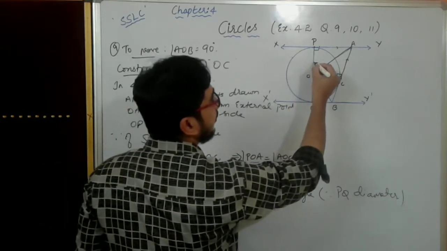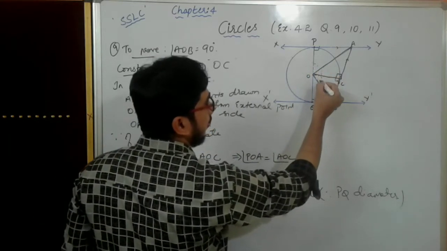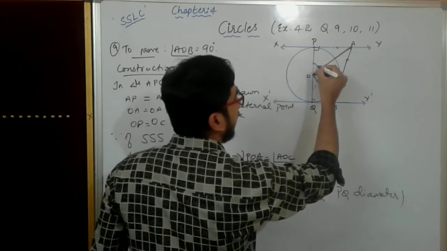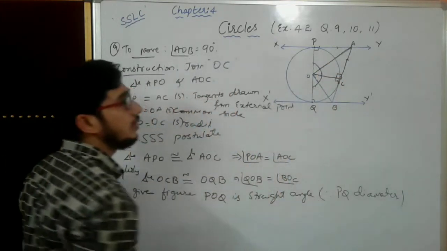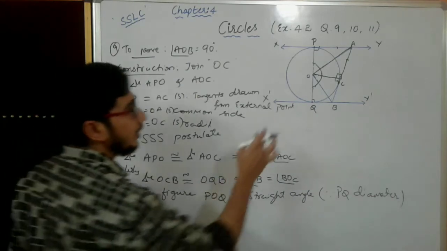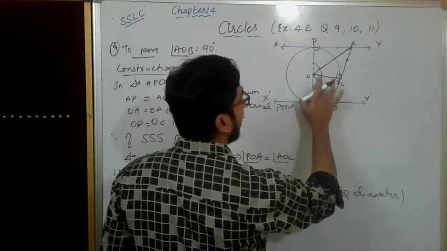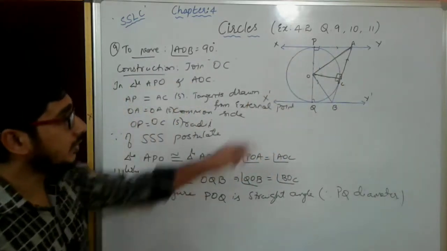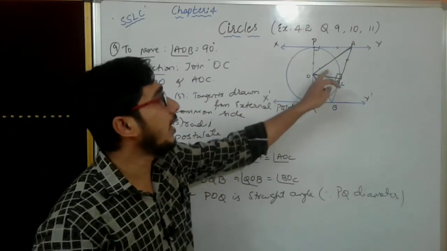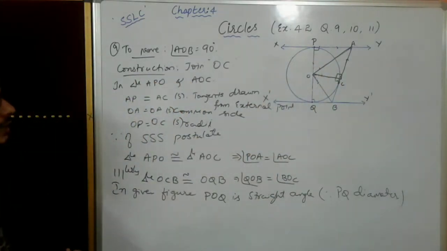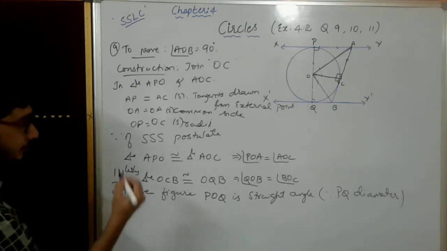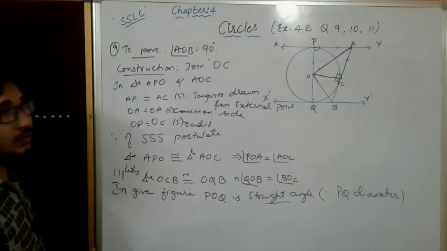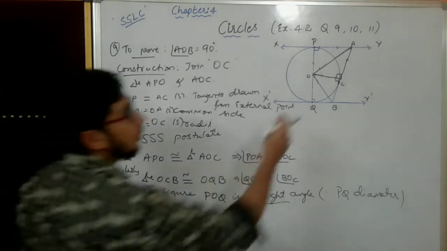So from here to here, 180 degree will be there. If you add all these angles, you will get 180 degree. Sum of all the angles, supplementary angles, if you add, you will get 180 degree.